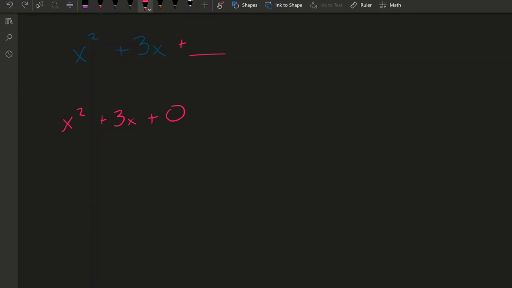And then I can use the same technique that I've been using. I can go ahead and use my area model right here. This is x squared, this is 0, this is x and x. Now I need to think, what two numbers can I put here and here so that they multiply to 0, but these two corner boxes add up to 3x.